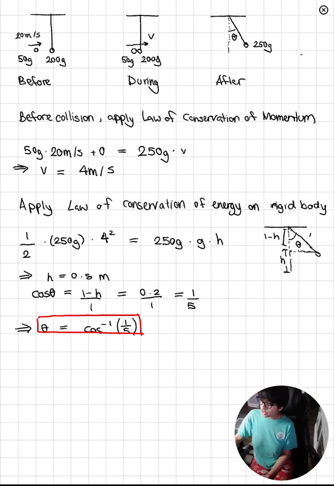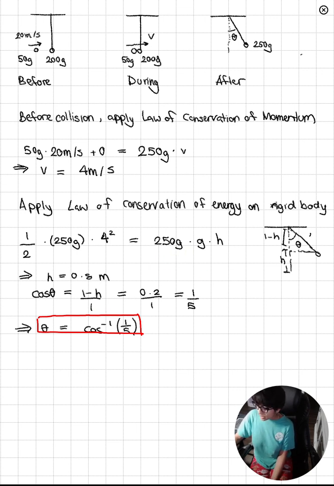As we can see here, the original velocity is v, so we can apply the kinetic energy equation, which is half times its mass, 250 grams, times 4 squared, because 4 is the magnitude of the velocity vector. And this is equal to the mass times the gravitational constant, which we approximate as about 10 meters per second squared, times the height. By solving this, we get the height equal to 0.8 meters.